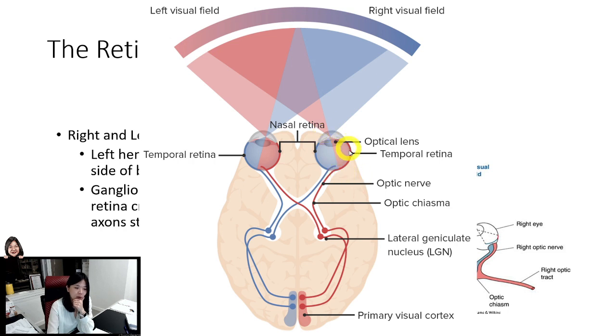Whereas the temporal retina of this right eye doesn't carry any data about the ipsi peripheral field, but rather represents data from the central field of view, but also some of the contralateral field of view as well.